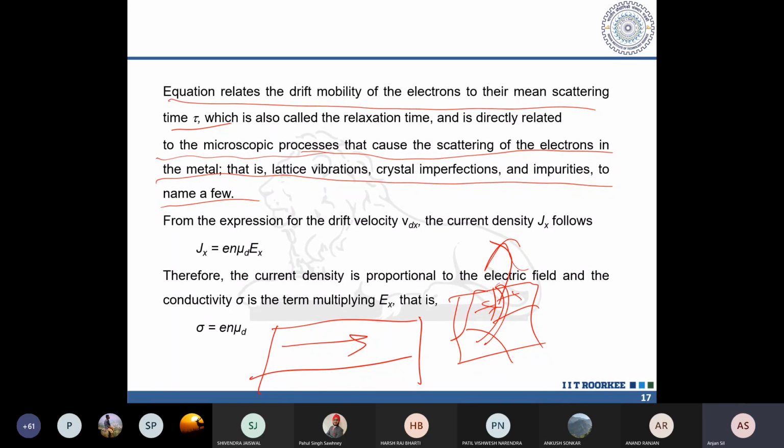This is what the materials people have to control during crystal growth, thereby controlling the tau value, thereby controlling the drift mobility, thereby controlling the conductivity value. So they are all interconnected and come from the basic microstructure of the material.